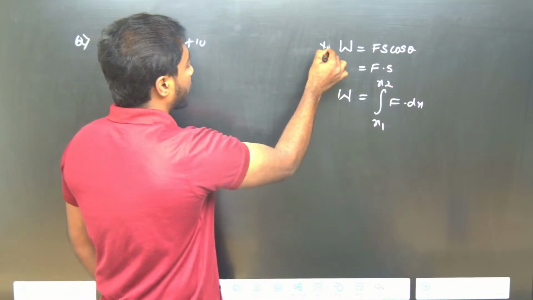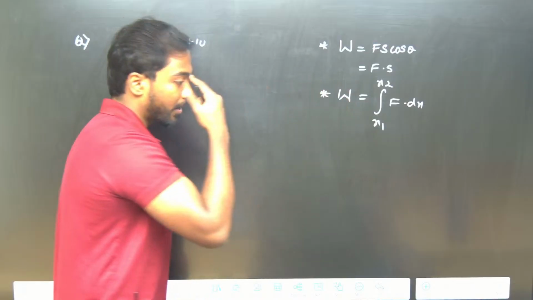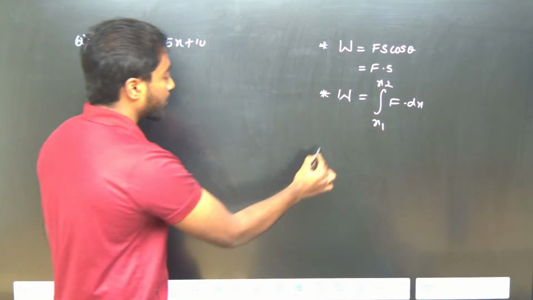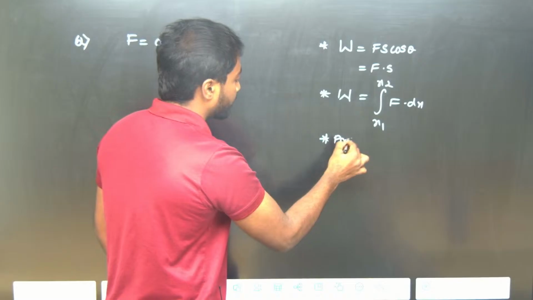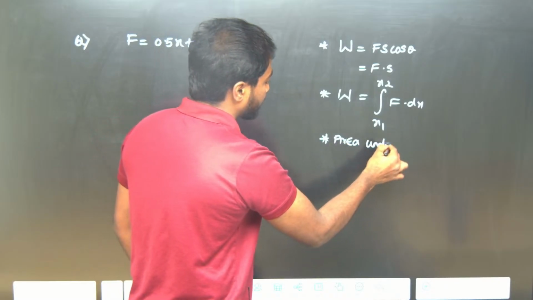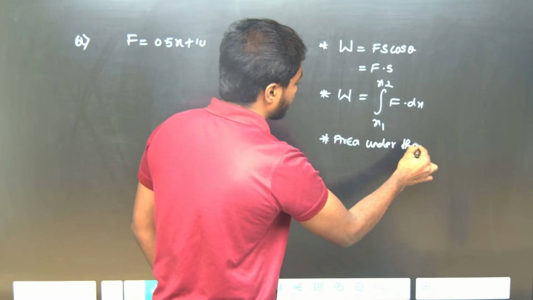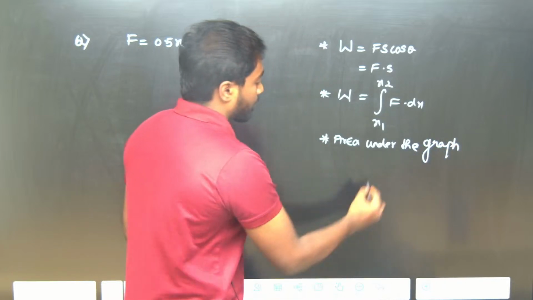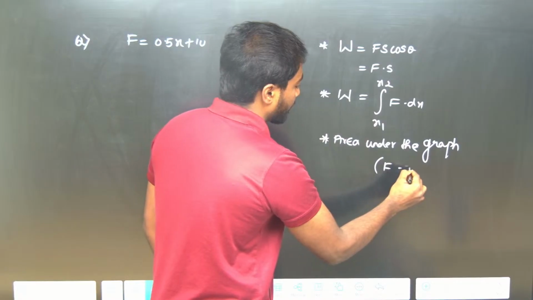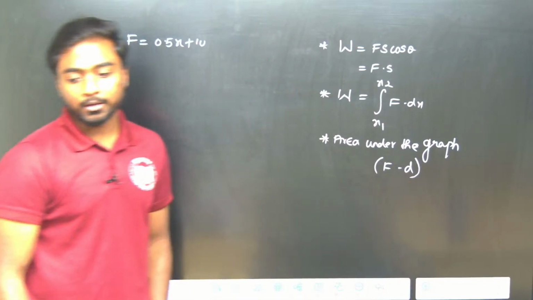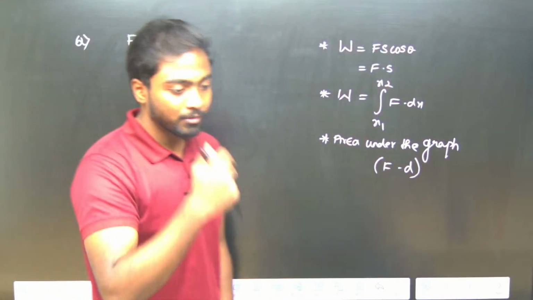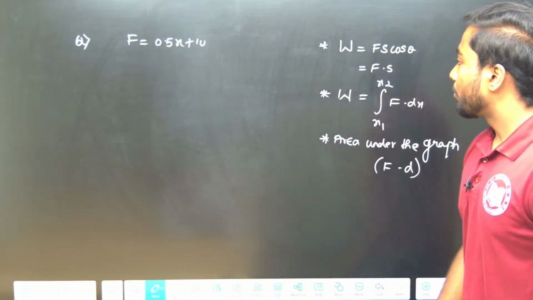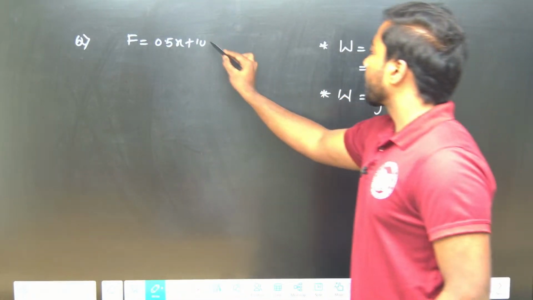This is one type of work, and the third way to find the work is the area under the graph of force and displacement. These are the three types of questions they can ask. So, what is the formula I can use over here?